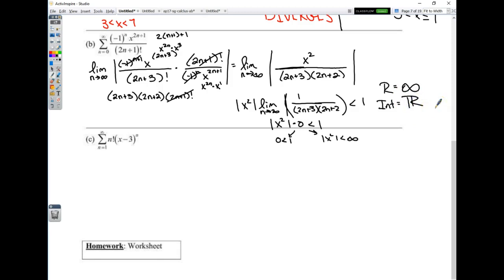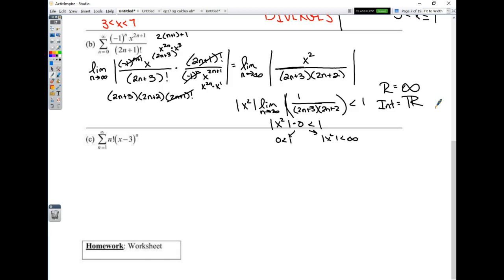Or negative infinity to infinity. Now what winds up happening with this is if I have an all real numbers interval, how far out can I go? Infinity. Or if I have a radius of infinity, which numbers do I include? All of them.